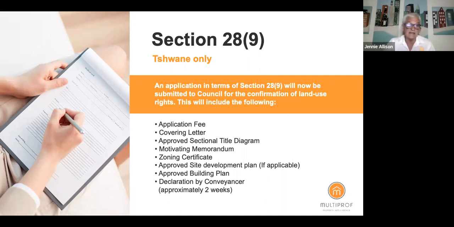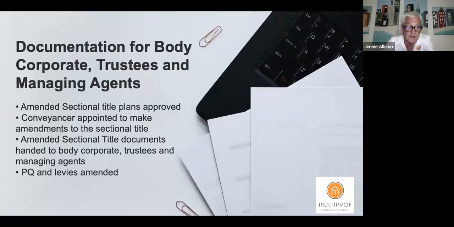So add another month or 6 weeks to the process that we said can already take 9 months to a year, and see if your buyer will still be happy purchasing the property. The documentation that one should get from the seller or the body corporate is the amended sectional title plans, if it was approved.